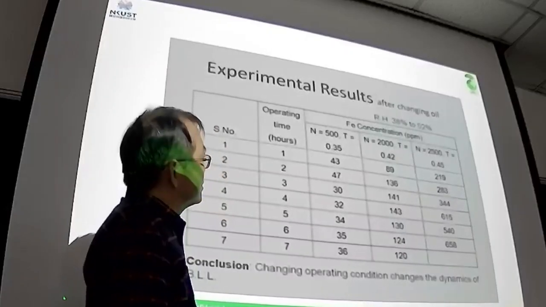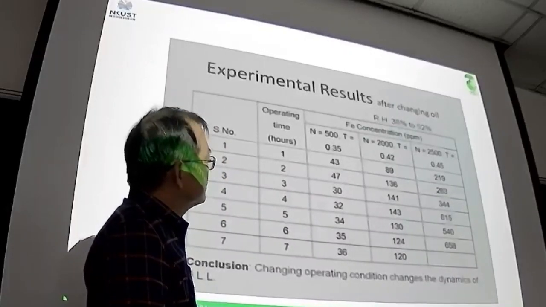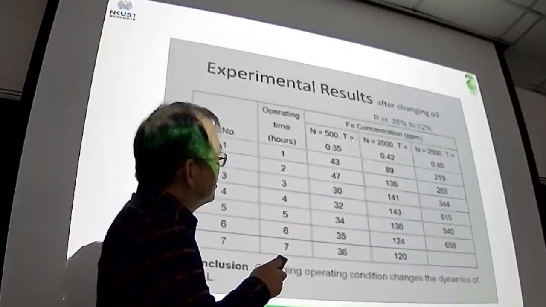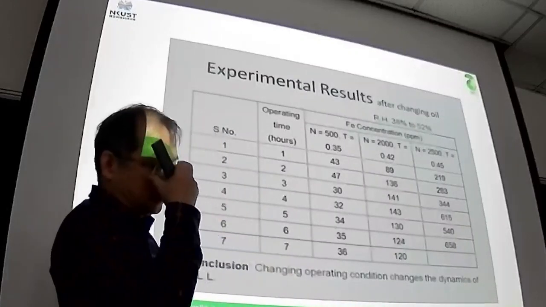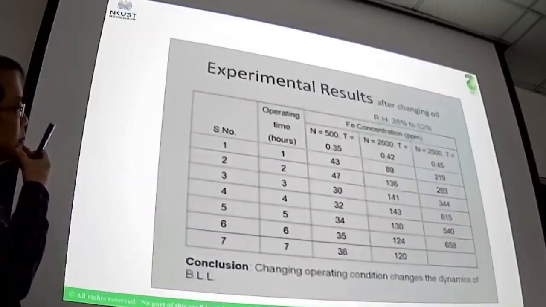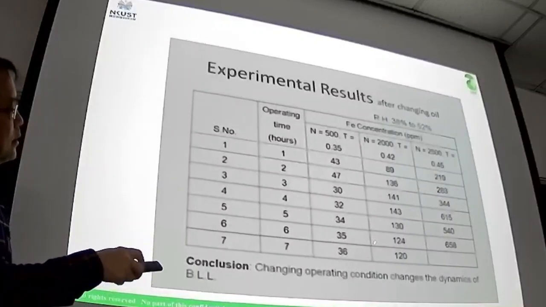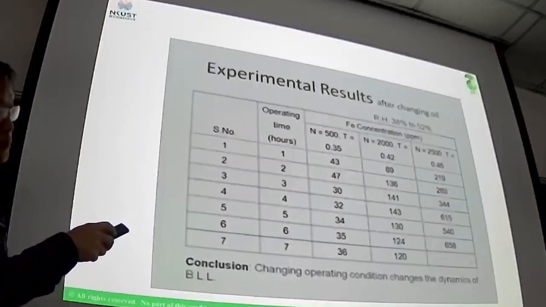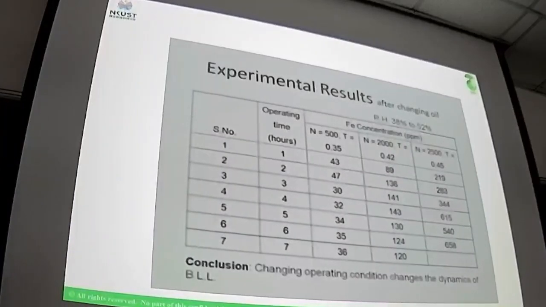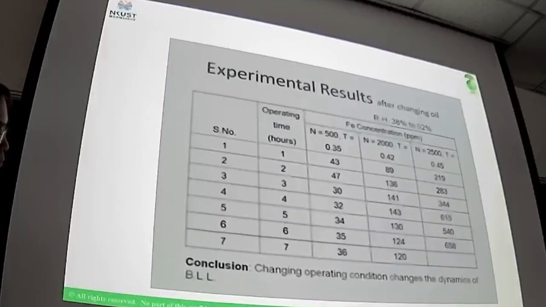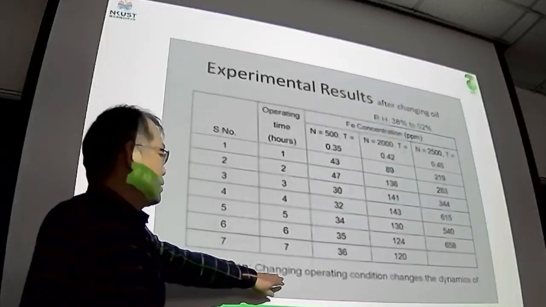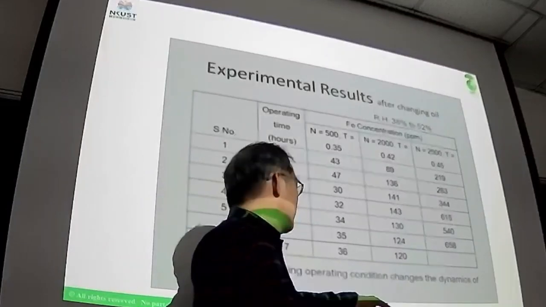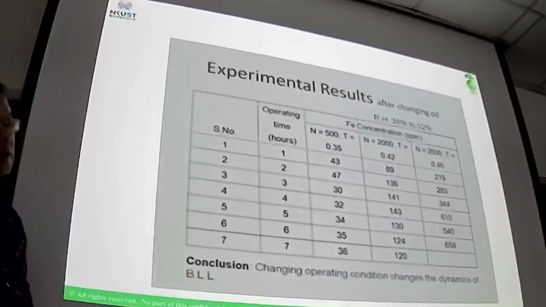ferrous wear debris. The testing relative humidity is 38 to 52%. These are the iron wear amounts tested under different rotational speeds and torques. So if you change the operational condition, it will change the dynamics of boundary lubrication.